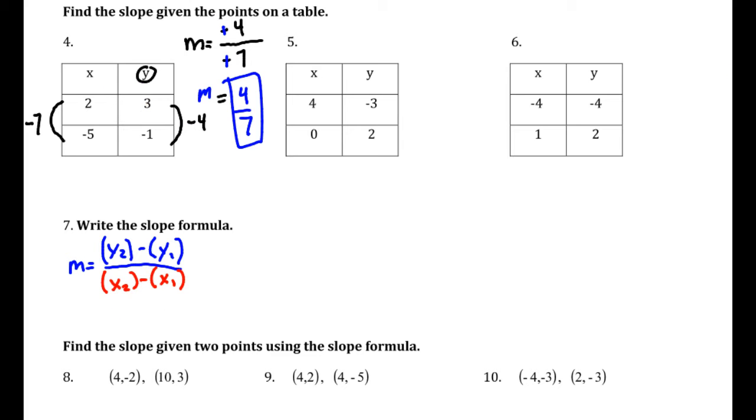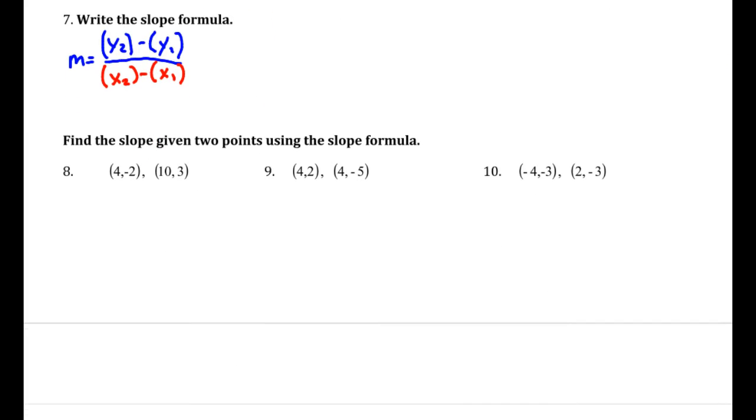So let's do one together on number 8. So we'll have m equals, and I like to put these parentheses here just so I avoid making mistakes with negatives. Remember, y's go on top, so we got negative 2 and we got 3. So negative 2 and 3.